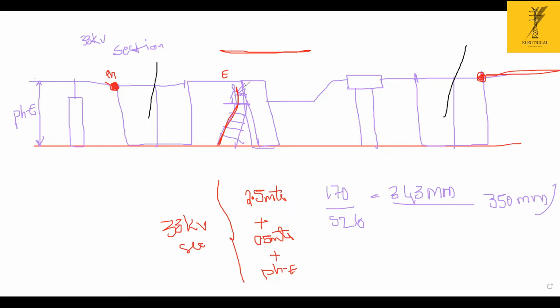What is the sectional clearance? 2.5 plus 0.5, plus phase to earth 500 mm, let's suppose 0.5. So 2.5 plus 1, so 3.5 meters. The distance between this one to here should be 3.5 meters.